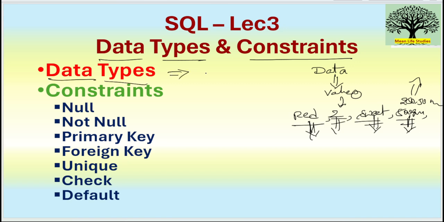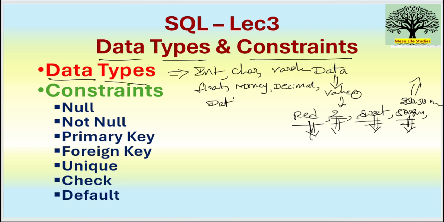Okay, like it can be integer, character, varchar, float, money, decimal, date, time, and so on. There are a lot more, but these are the very important ones that you should understand.